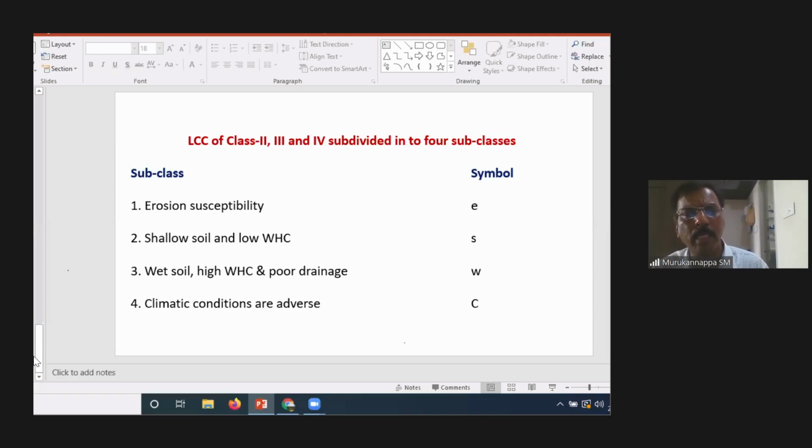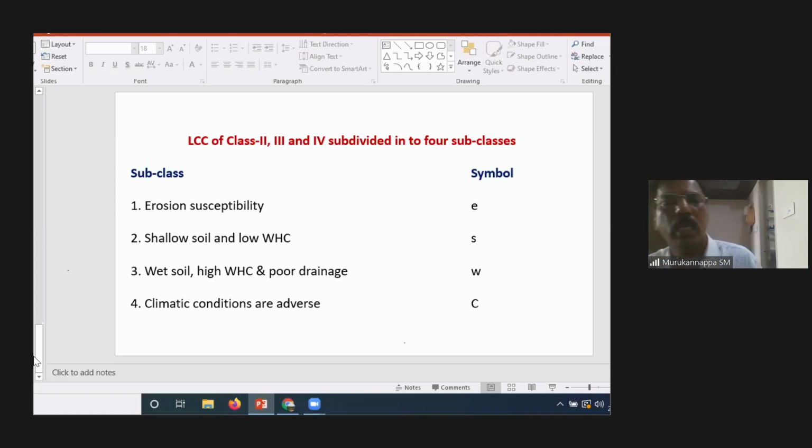So some land, even if it is class 2, has erosion susceptibility. You can categorize this as E2, that is class 2, and it is somewhat susceptible to erosion. Like that, they classify it into 4 categories.